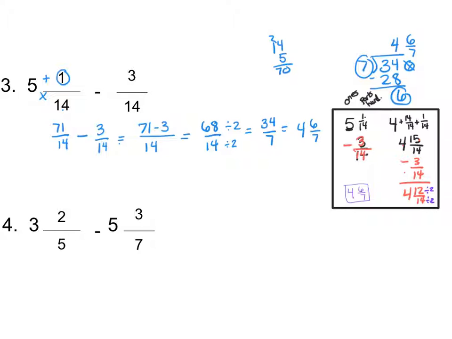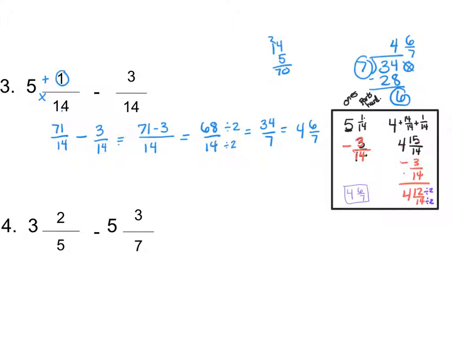So there's 2 different ways. You can do it by finding the improper fractions. So make them all improper, which is probably the easiest. That's probably what I would do, so I don't make a mistake. Or you can switch it so you can regroup. So this right here is 5, and then plus the 14th here.